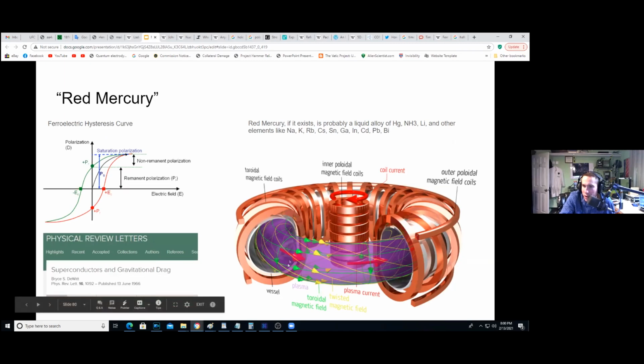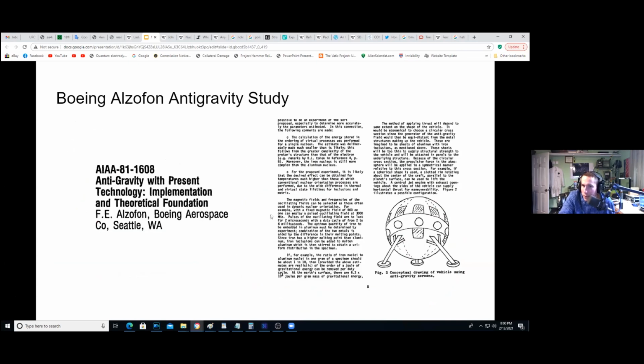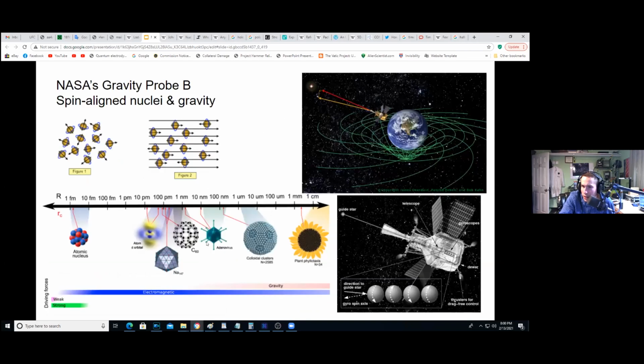It's kind of like your flywheels that you guys were building, but a really, really huge flywheel. So I believe this was related to Boeing's Alzaphan anti-gravity study of 1981 with rotating nuclei and nuclear orientation as a concept for affecting gravity.